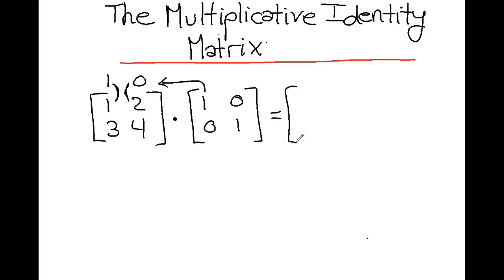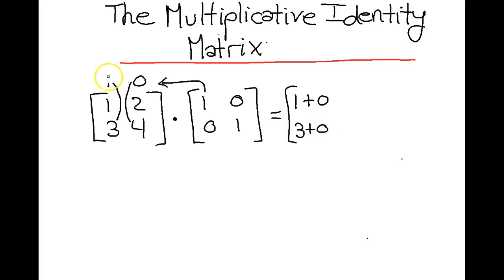Since I am multiplying the first row by the first column, I put it in the first row, first column slot. So I get a 1 plus 0. Then, since this column is already laid out, I multiply these and add them together. Since I'm using row 2, column 1, I'm going to put my answer in row 2, column 1. So 1 times 3 is 3, 0 times 4 is 0.